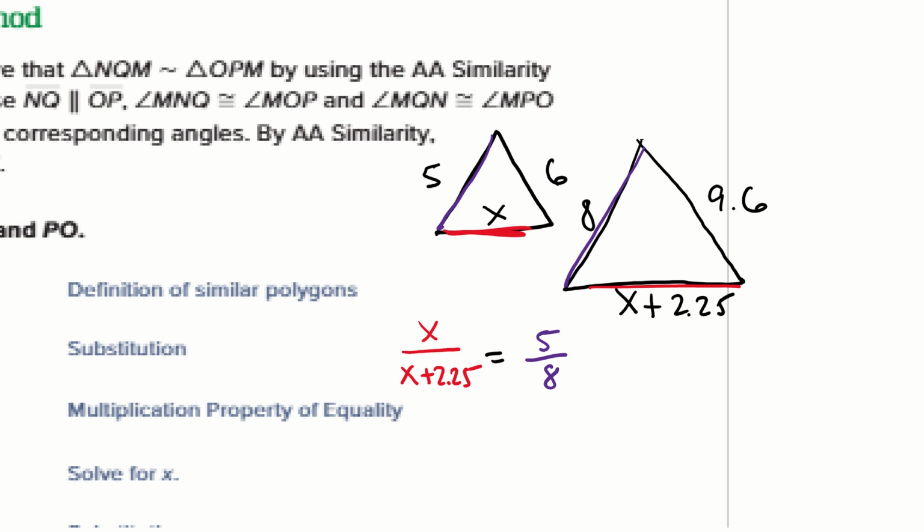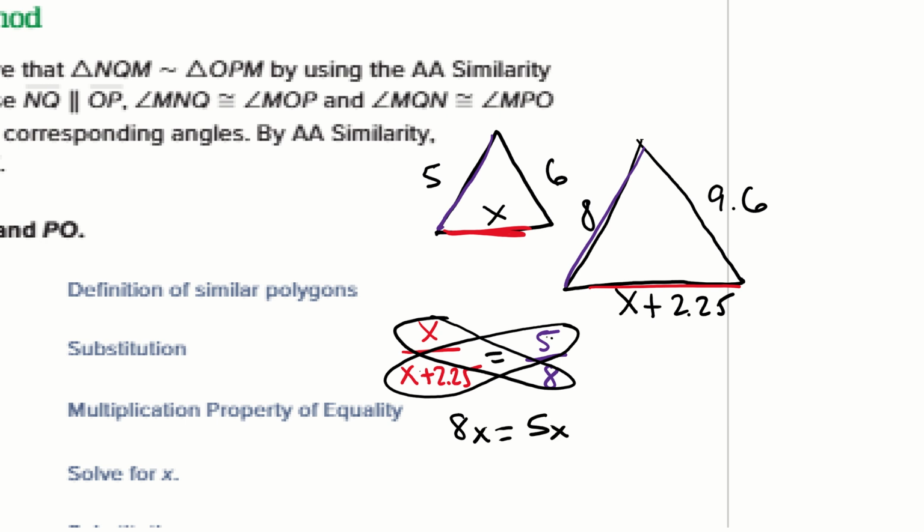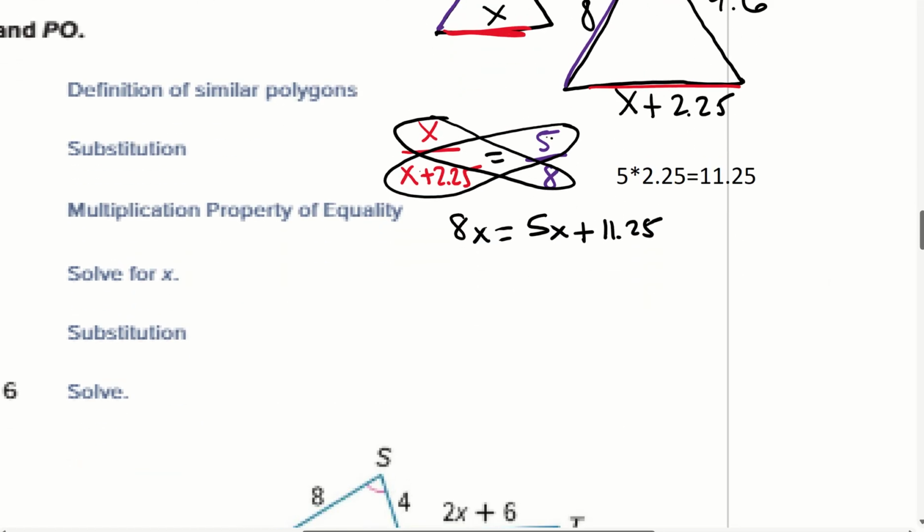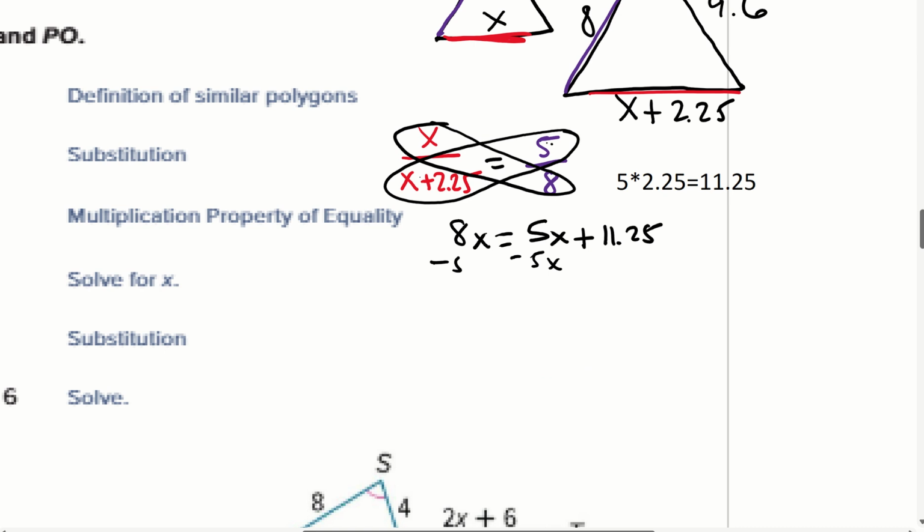Then we can cross multiply, the butterfly method. We get 8x equals 5 times x, which is 5x, plus 5 times 2.25, which is 11.25. Then let's subtract 5x from both sides. So we get 3x equals 11.25.